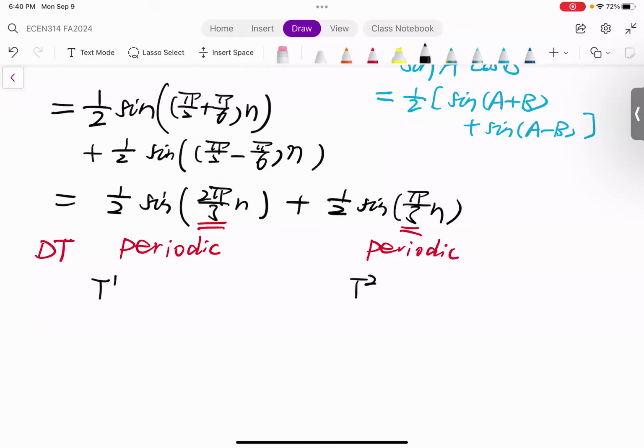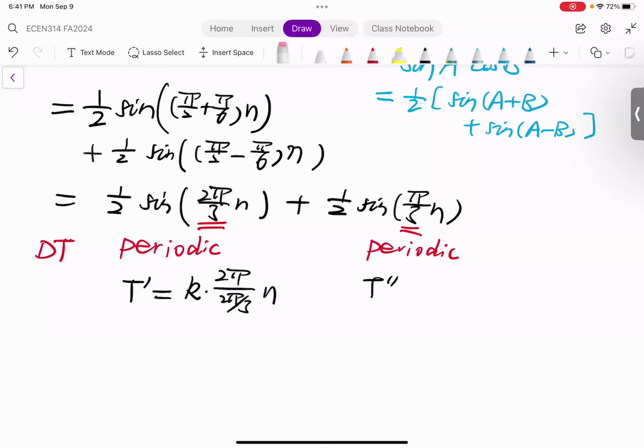T and T prime. So T is equal to k times 2 pi divided by 2/3 pi.